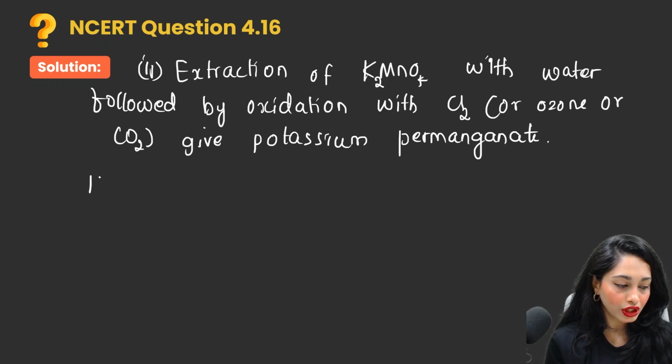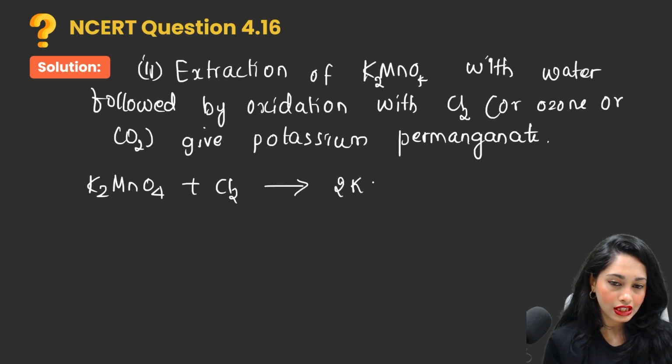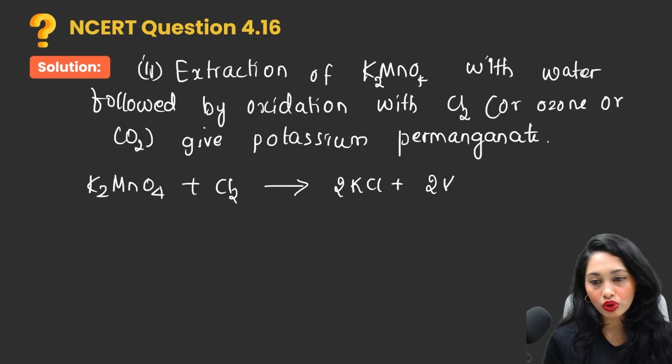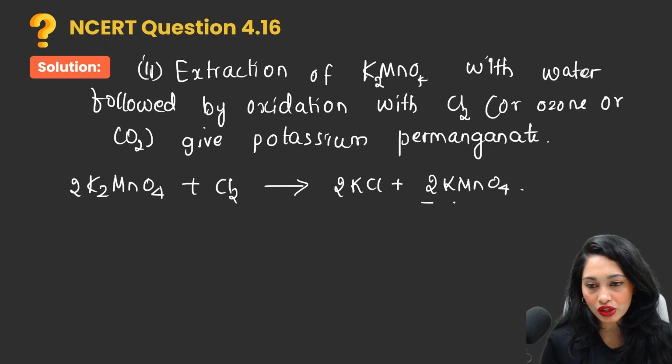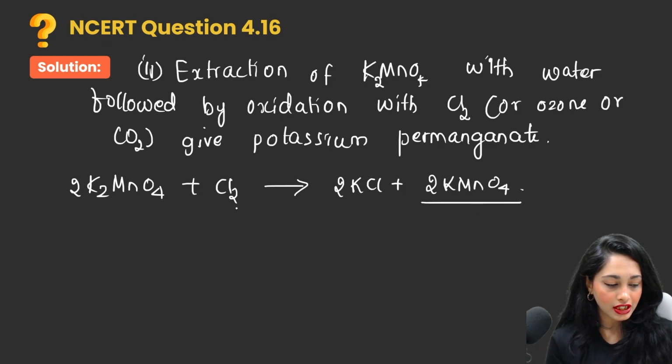So what are we going to do? K2MnO4 plus Cl2 gives KCl and KMnO4. We need to balance the equation. So 2K2MnO4 plus Cl2 gives 2KCl plus 2KMnO4. We have gotten potassium permanganate.